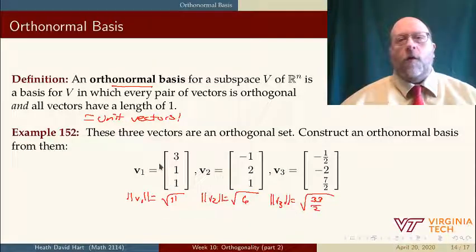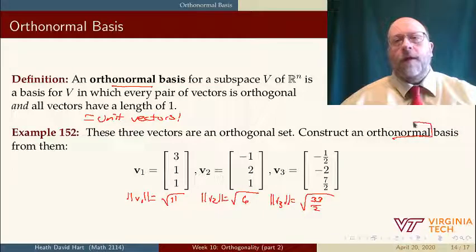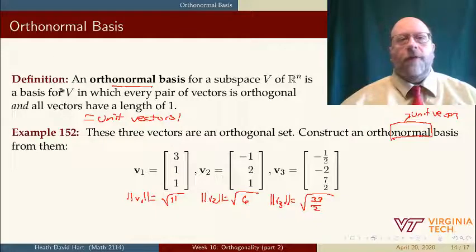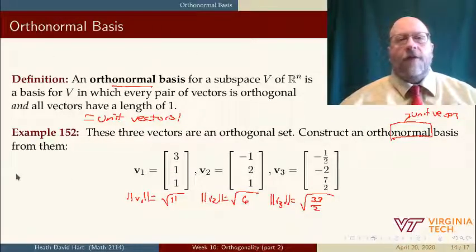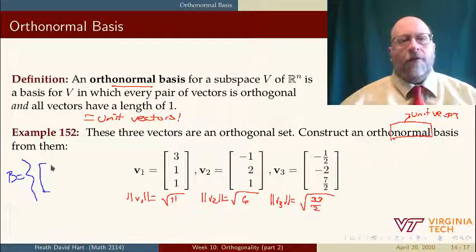And so if we want an orthonormal basis instead of just an orthogonal basis, this word normal means make them unit vectors. We just have to divide each of these vectors by those magnitudes. And so we get an ugly looking answer, but this is the answer. Our basis is, the first vector is 3 over square root of 11, 1 over the square root of 11, and 1 over the square root of 11.